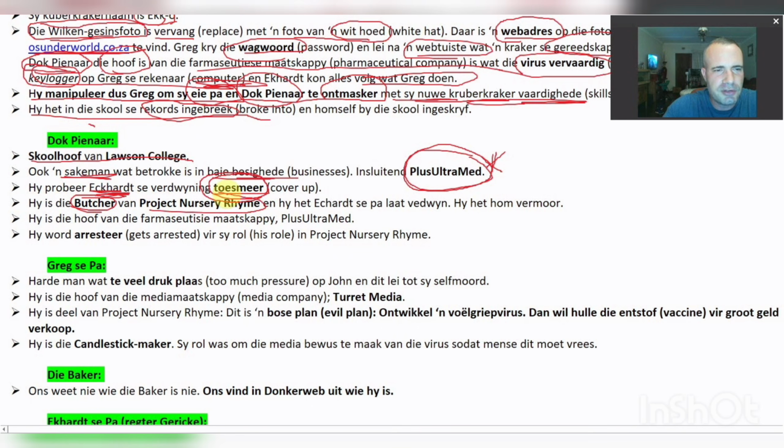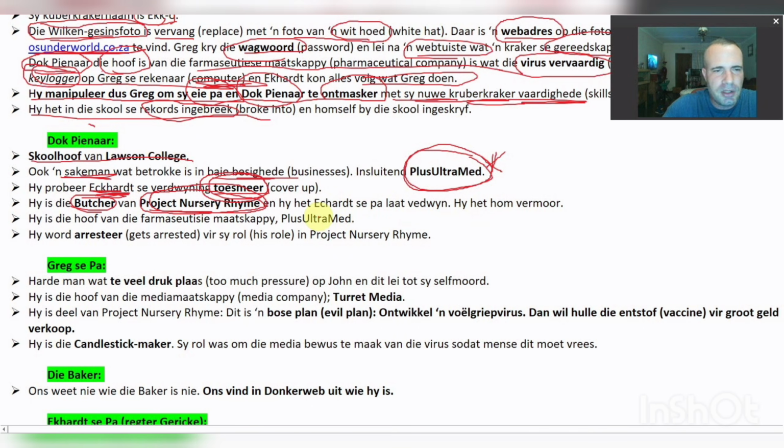You must remember this. Okay, so that's very, very important. So Project Nursery Rhyme was the whole plan to make a virus, then make the cure, then sell it, then become rich. But obviously people are going to die. This is highly, highly unethical and illegal and just evil.